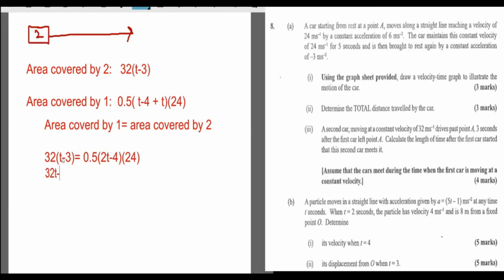32T minus 96 is equal to, now 24 times a half is 12, and so it's 12 times 2T minus 4.